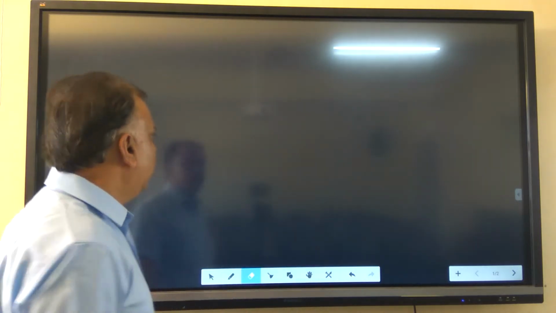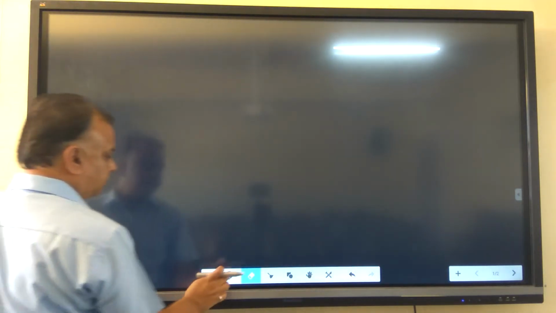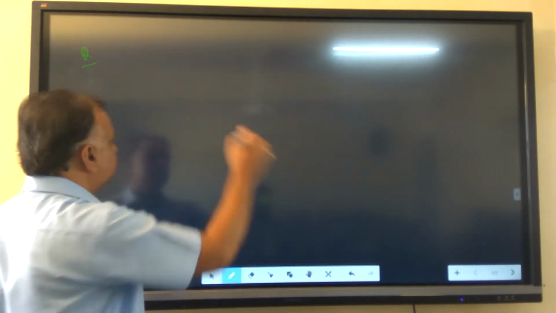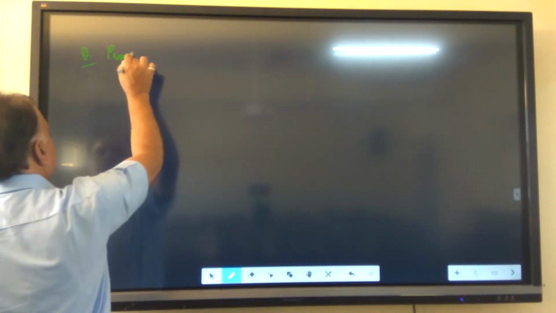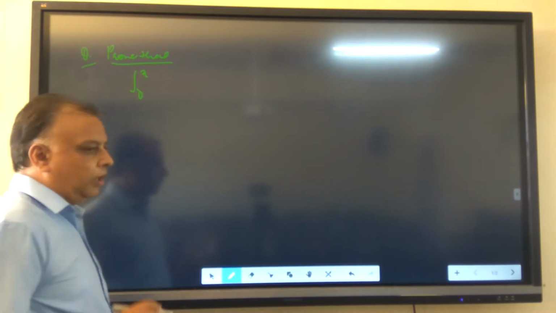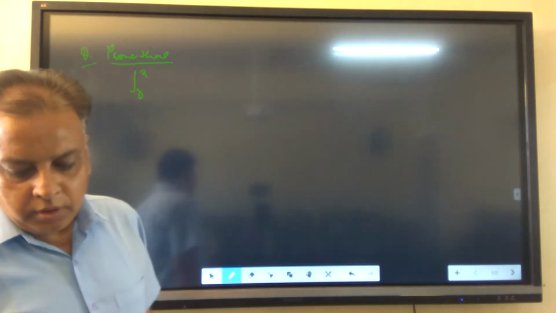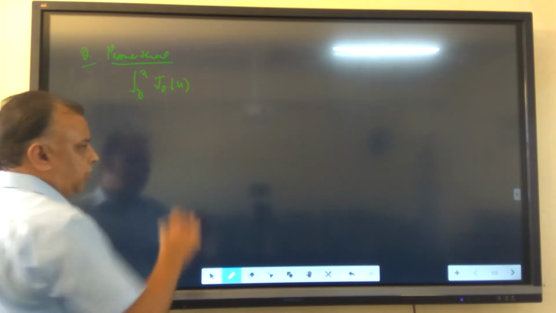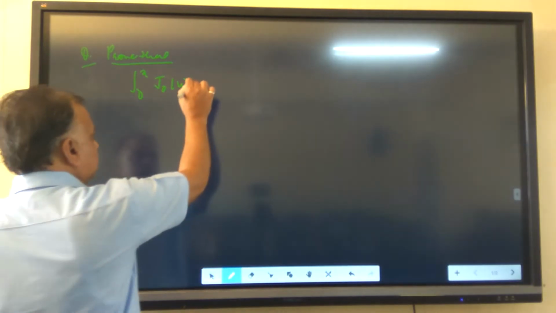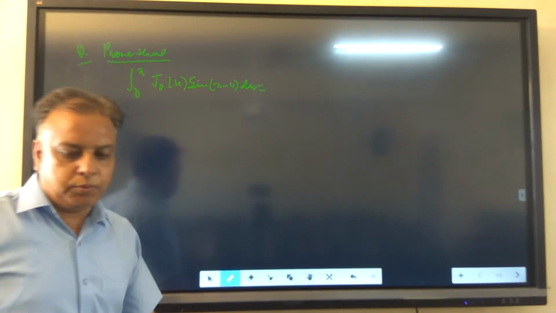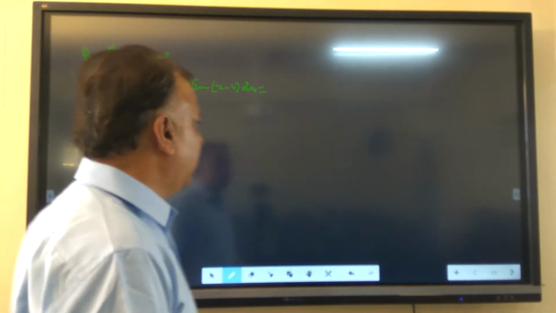So first we have to calculate the value of an integral by using the convolution theorem. Prove that the value of the integral from 0 to x of J0(u) sin(x minus u) du is equal to x J1(x).